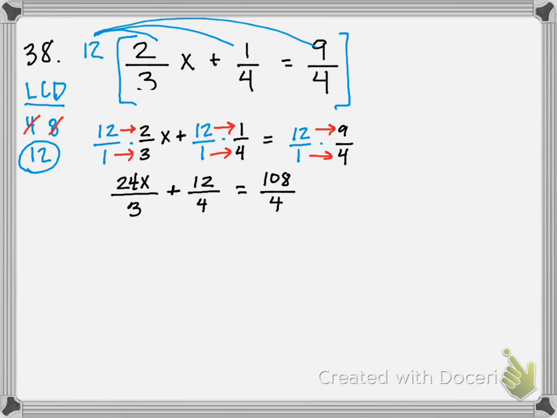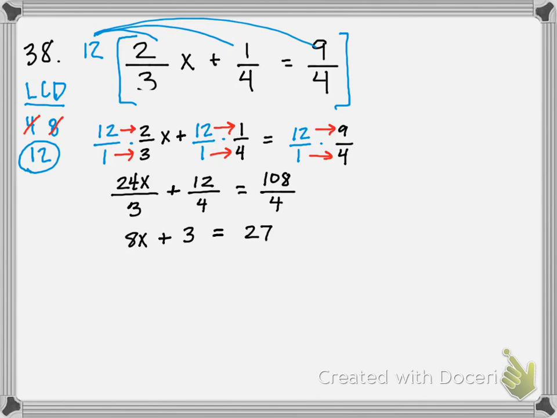And now we should be able to simplify everything. So 24x divided by 3 is 8x, plus 12 divided by 4 is 3, equals 108 divided by 4, which is 27.